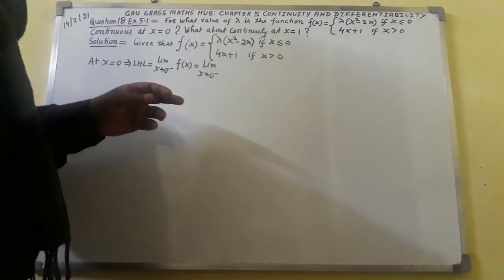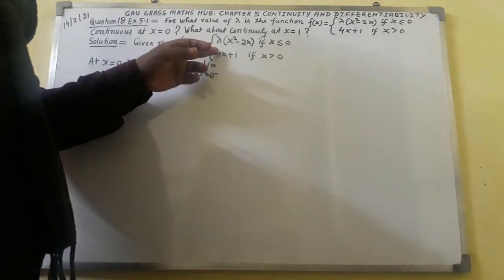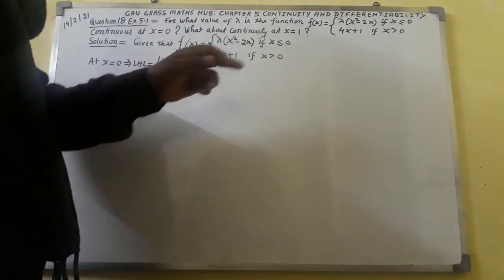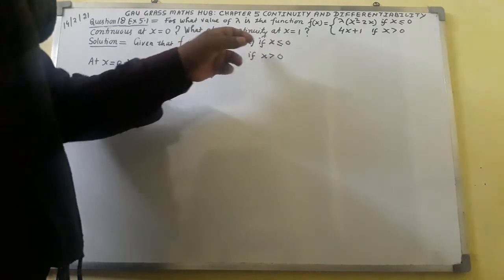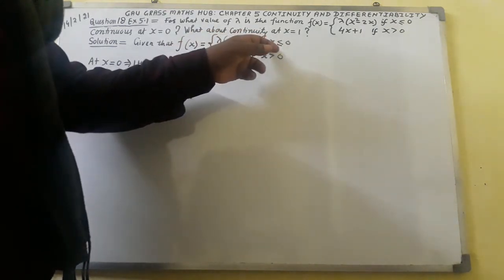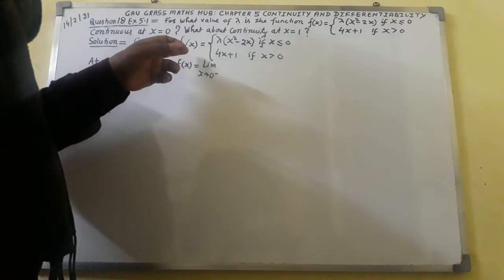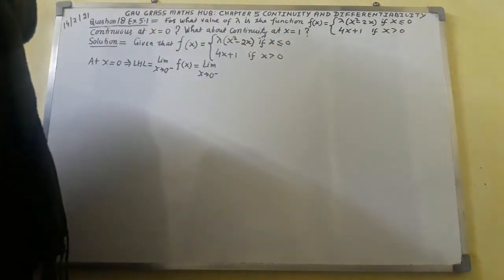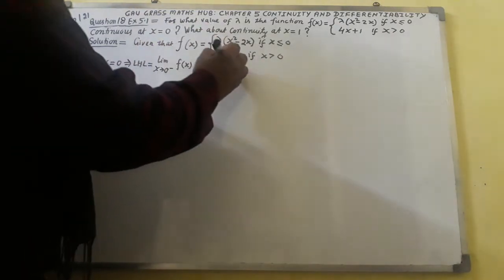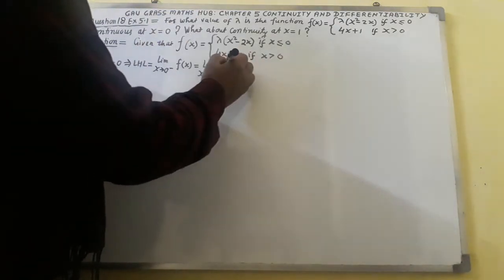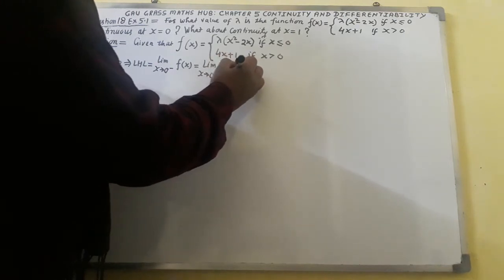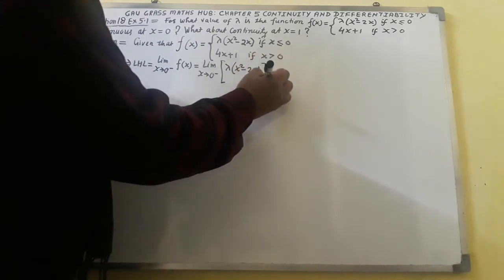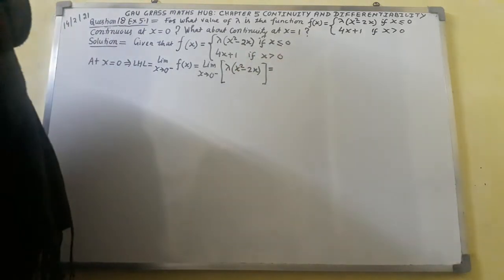We have to choose the one of these two functions in which the value of x is less than 0. So you can see in the first function the value of x is less than 0. So in place of f of x, I shall write lambda times (x square minus 2x).